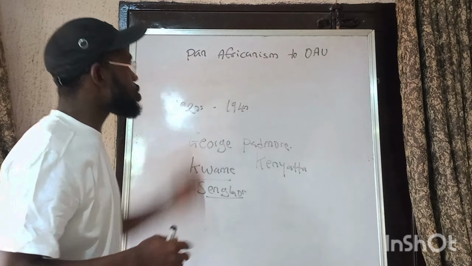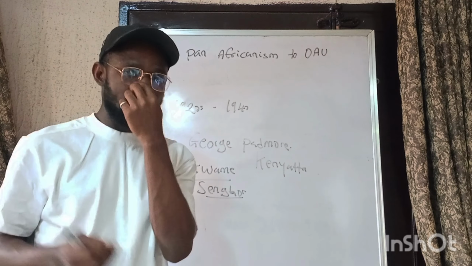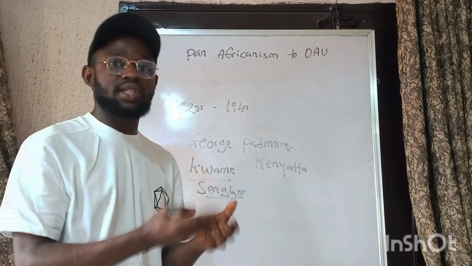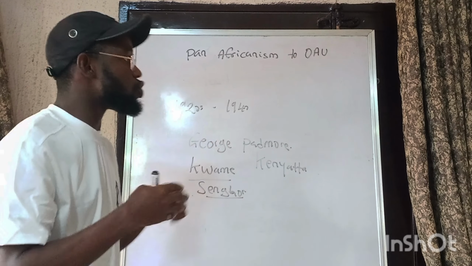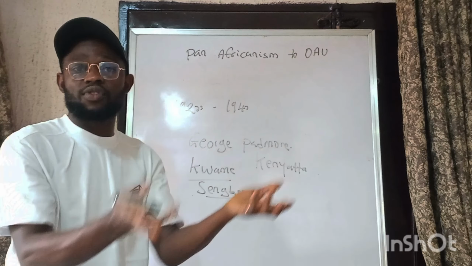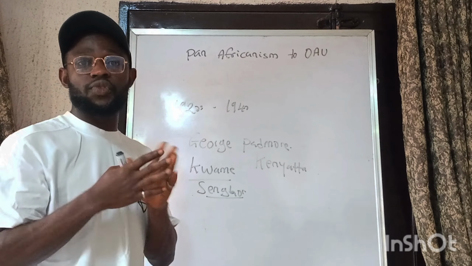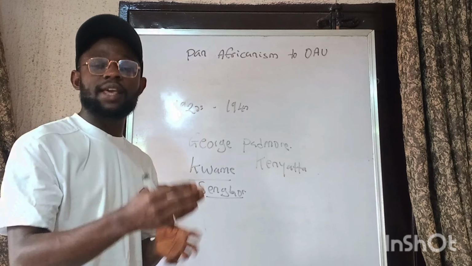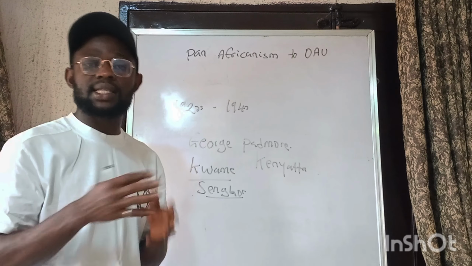Well, the ambition of Pan-Africanism, like I said, was to fight for independence and not just that, for unity in Africa. One of the dreams of Pan-Africanism was realized after a lot of conferences. The first conference they had was in London in 1900. They had a Paris conference in 1919.